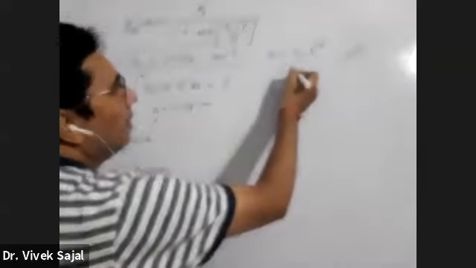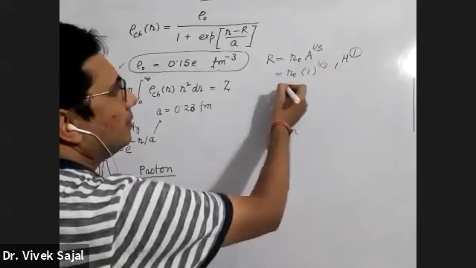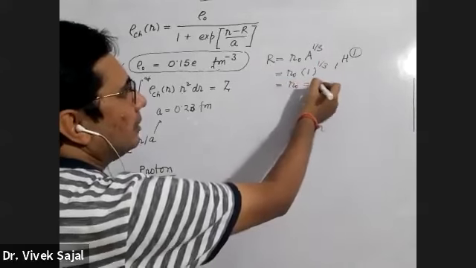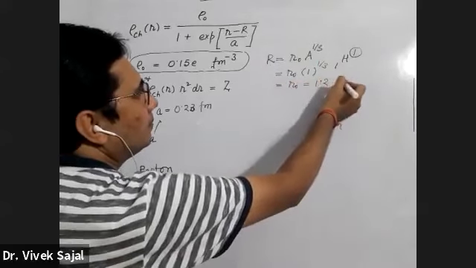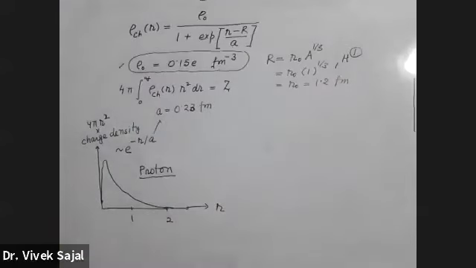So this will be R naught times 1 to the power 1/3, so R naught is 1.2 Fermi. Similarly, we can find out the charge distribution inside the neutron with the help of the electron scattering experiment.